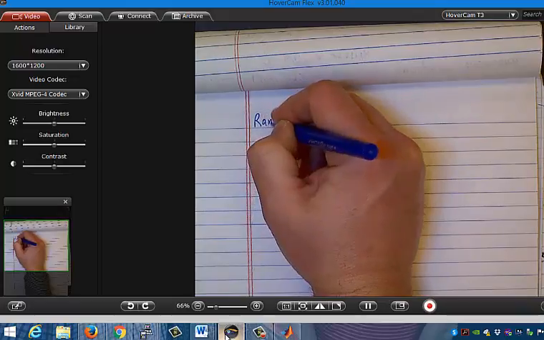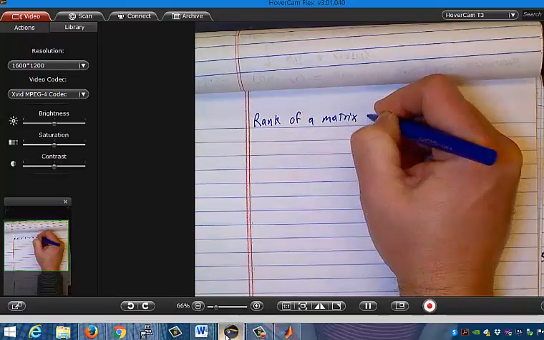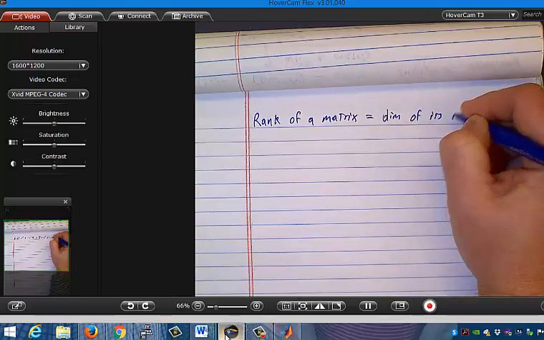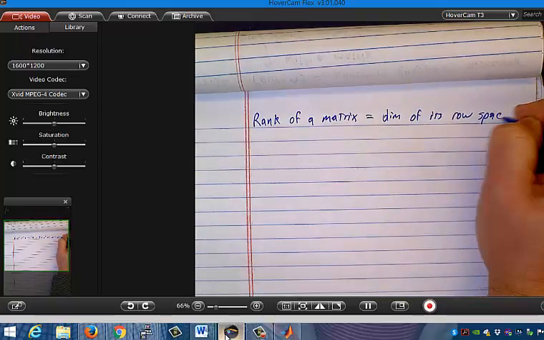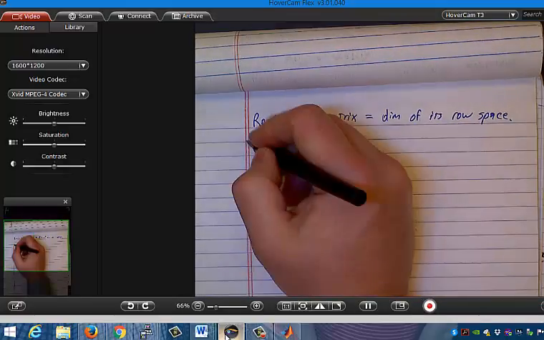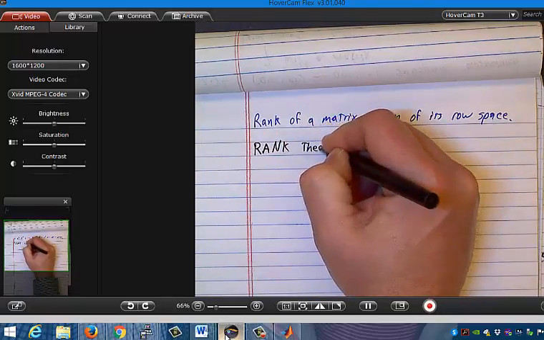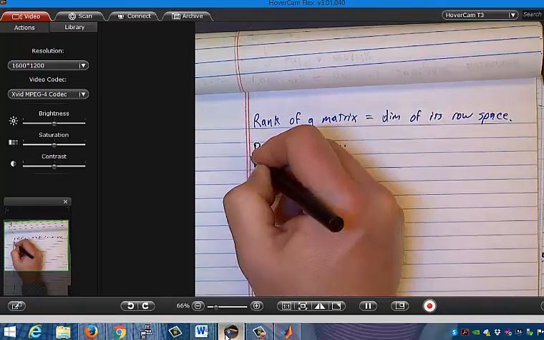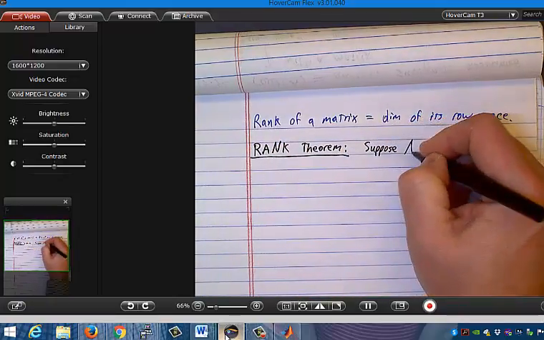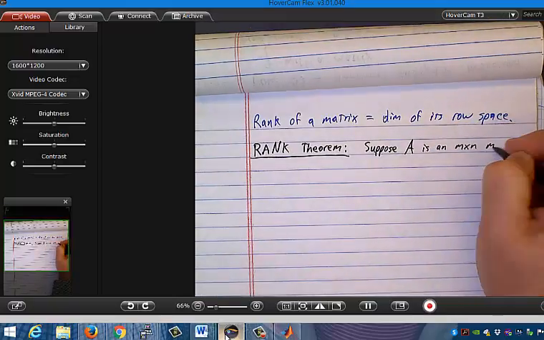The rank of a matrix is equal to the dimension of its row space. Now here's the big theorem. The reason I say it's a big theorem is because it actually has a title. The rank theorem. Here it is. Suppose A is an M by N matrix.